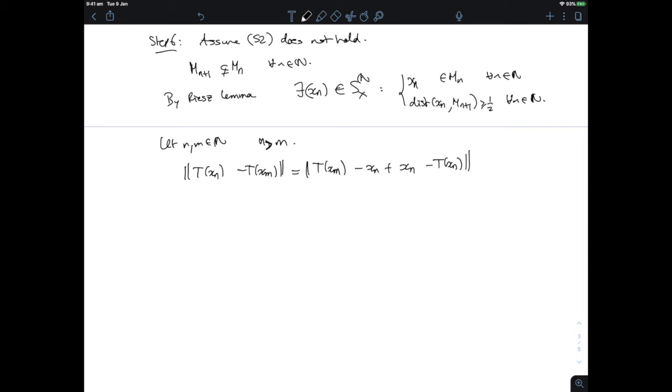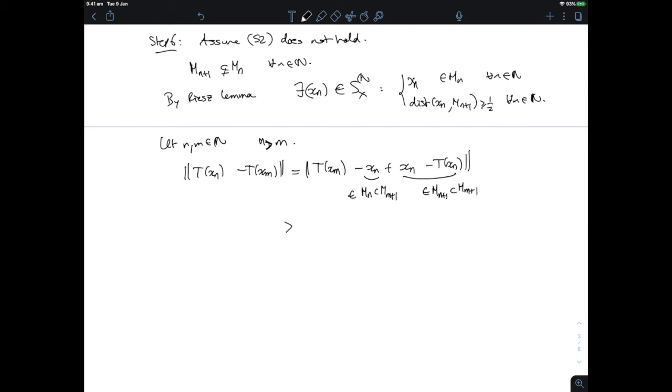Okay, and what is the point of this? Well, we have xn here that is in Mn. And n is greater than m, so this here would have to be at least in M_{m+1}. And we have something here which is (I minus T) of xn, so it's even better, it belongs to Mn+1, which certainly is included in Mm+1.